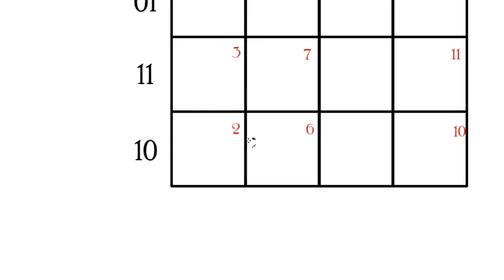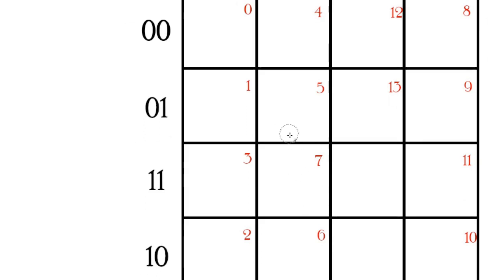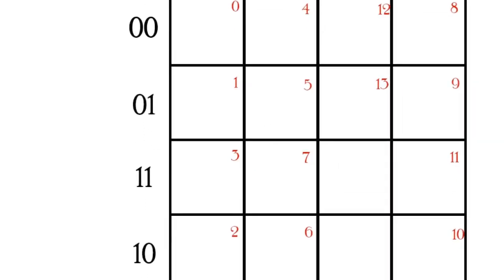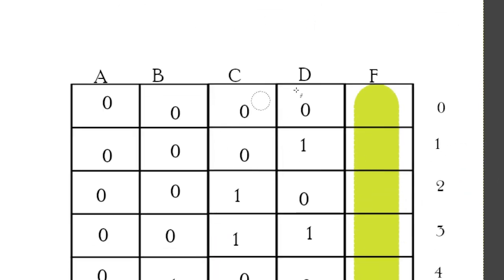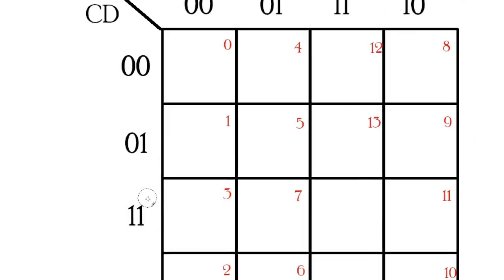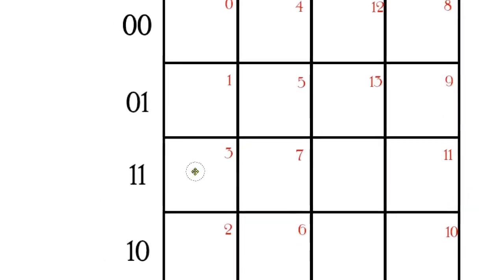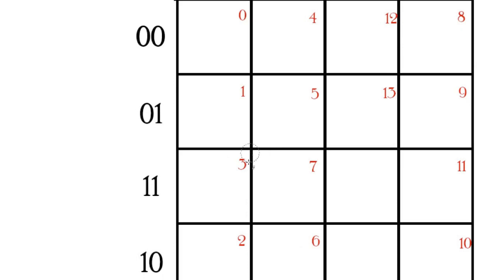So for example, the fourth row of the truth table with 4 variables is 3. The numeric value is 3, right? So in the corresponding K-map, which is the 4 variable K-map, there is a square with the value 3, right?